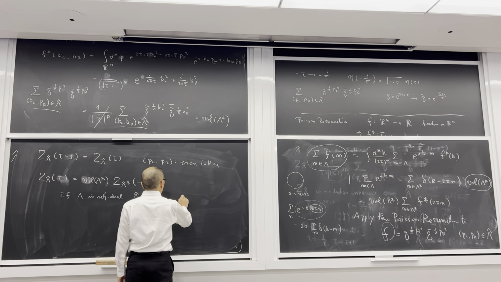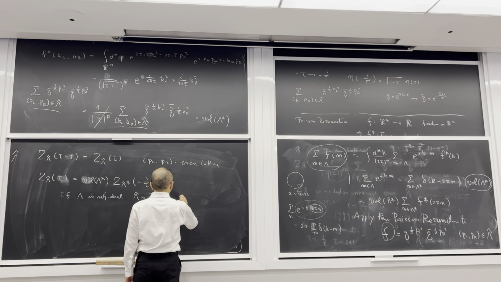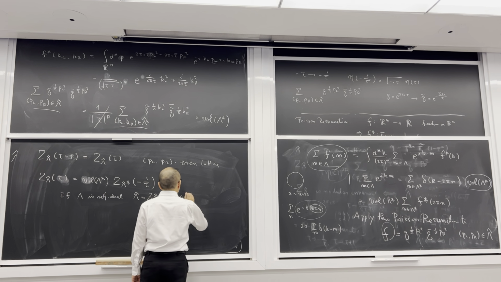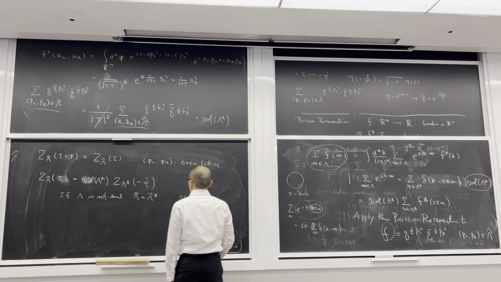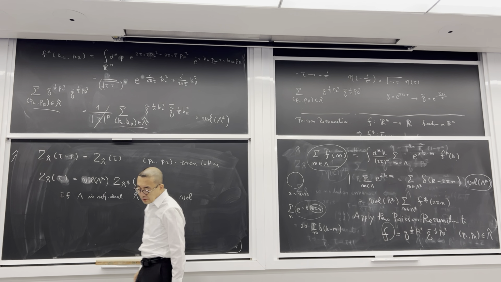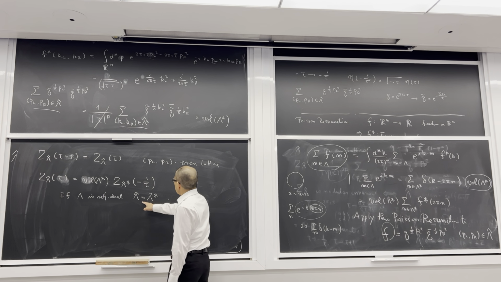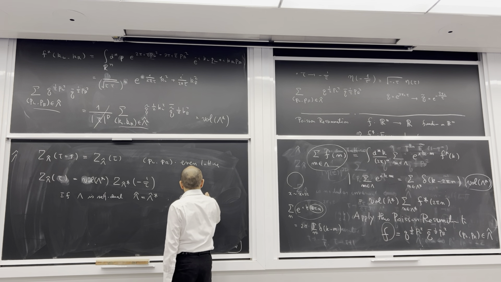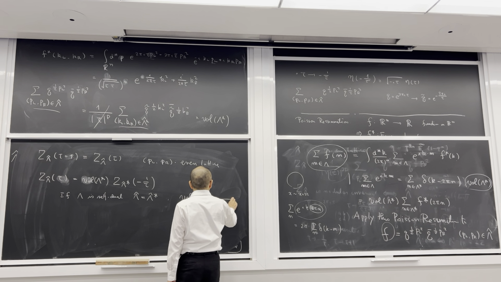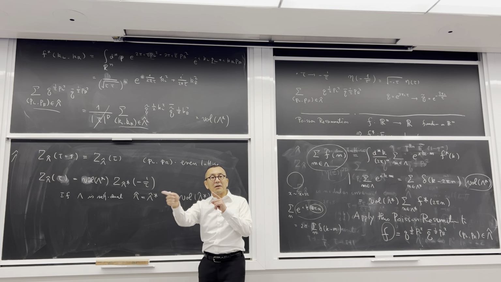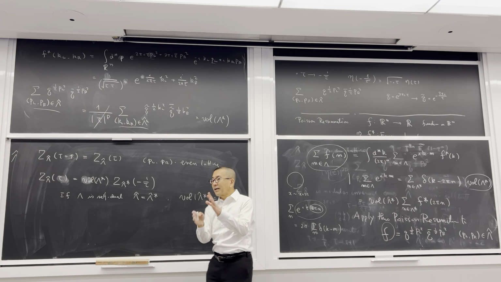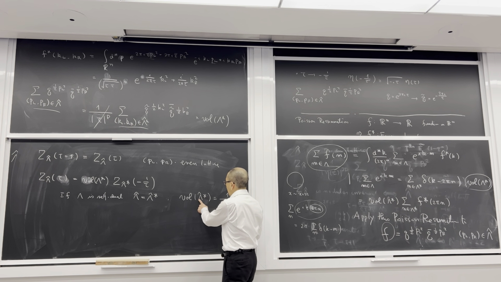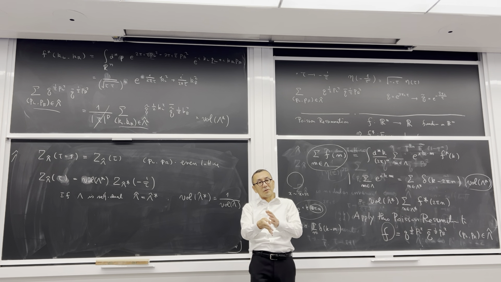And moreover, in this case, well, in general the volume of the dual lattice should be the inverse of the volume of the lattice, because the dual lattice is defined in such a way that the inner product of a point here and a point in this lattice is normalized to be 1.